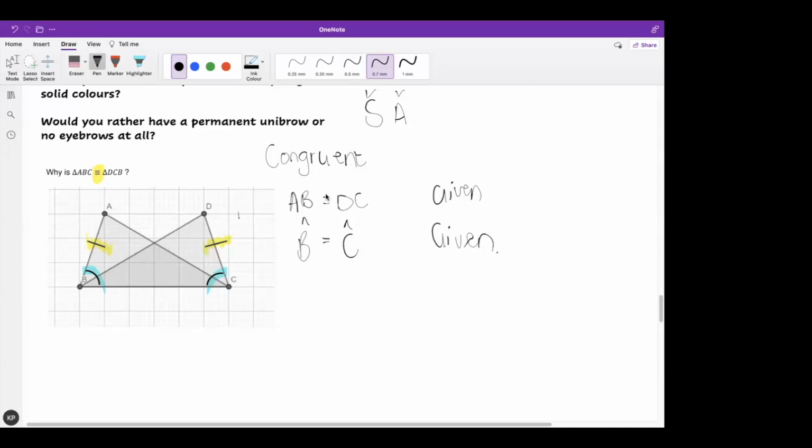Okay, how did you decide that they're equal? Is there anyone who has a different idea or who can tell me why AC and DB are equal if they are? This is your hint. These triangles are overlapping, right? Overlapping triangles, which means what?